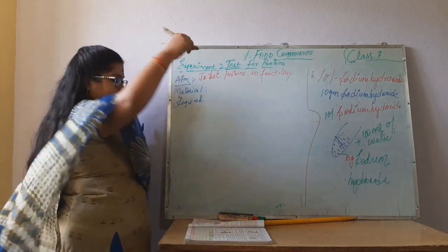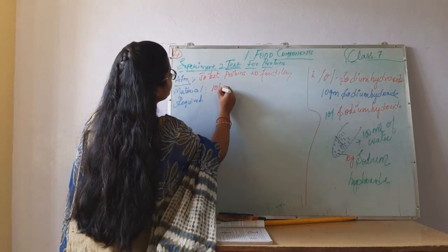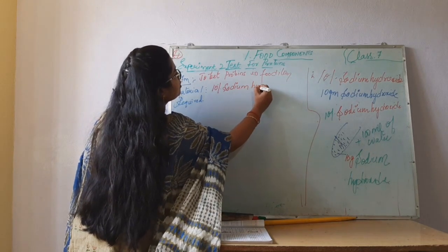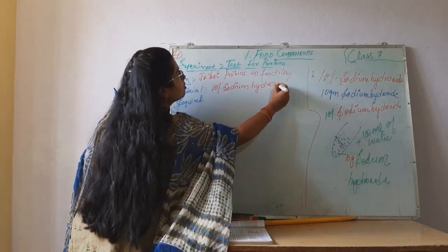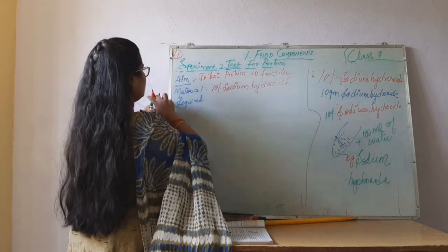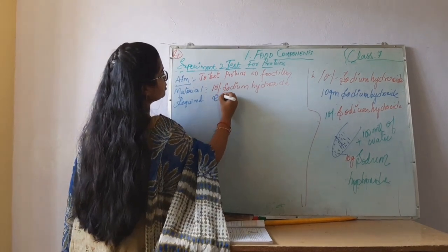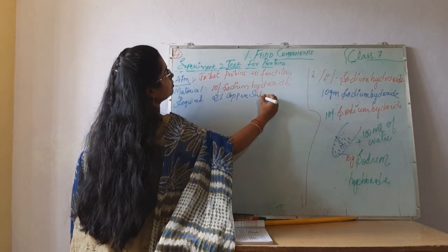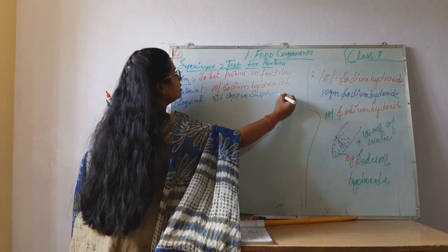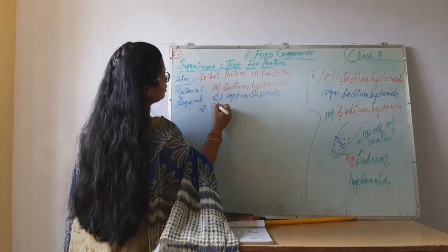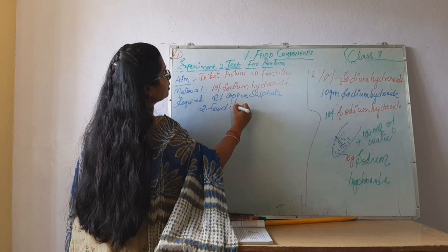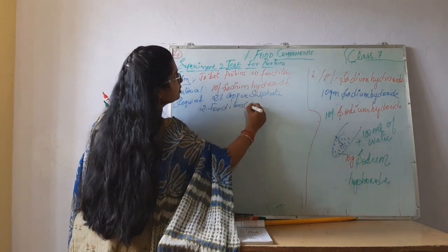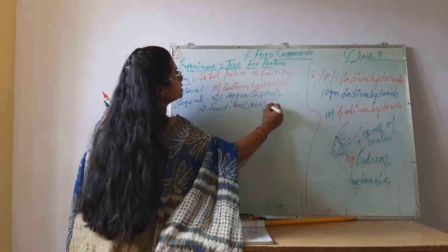It requires 10% sodium hydroxide, 2% copper sulfate, and the food item, whatever you like. Food item: make it into paste. If it is a solid, make it into paste.